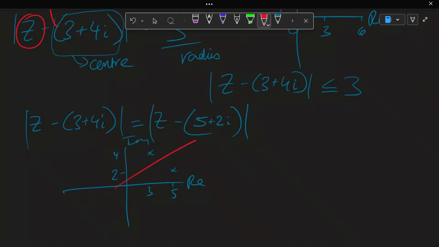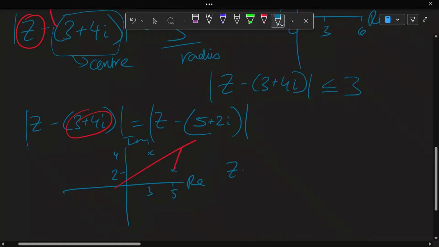So this is our perpendicular bisector, and that works because this tells us that the modulus is going to be equal. That's the distance between each of these points and our complex number, which is going to lie on this line. Because of that, it's a perpendicular bisector, because by definition, these distances have to be equidistant.